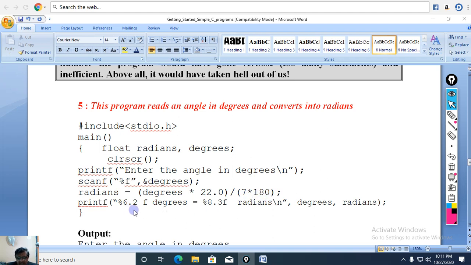Here we have used some kind of a format specifier. 6.2f degrees equal to 8.3f radians.